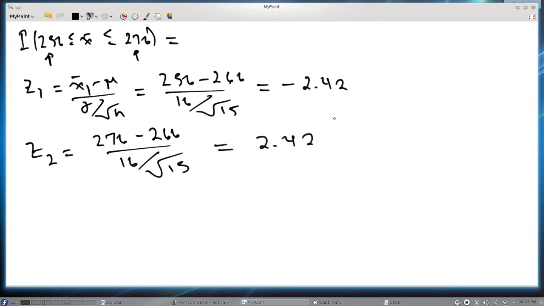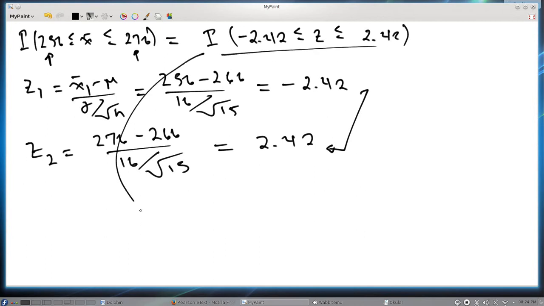So these two values, the z1 and the z2 values, now correspond to this probability expression. We're having negative 2.42 and a positive 2.42. So now we're ready to compute this, and this basically corresponds to this curve right here, the general curve.